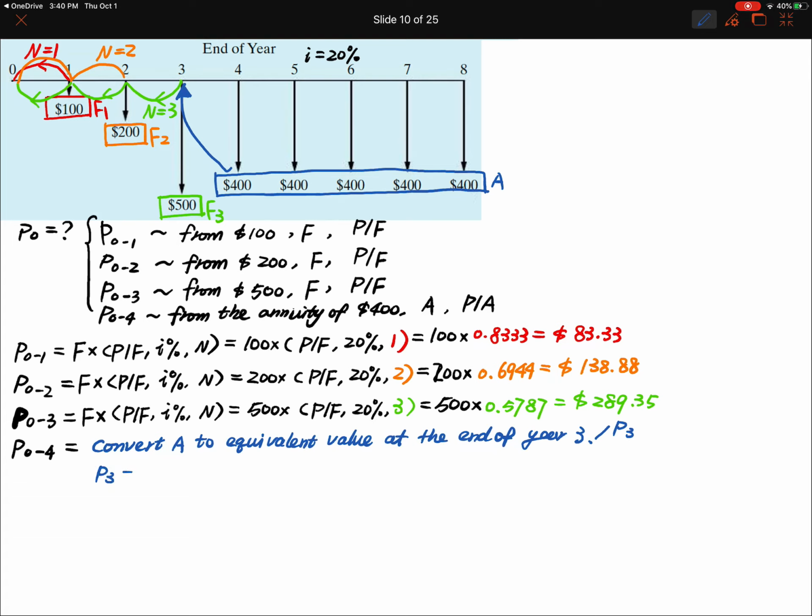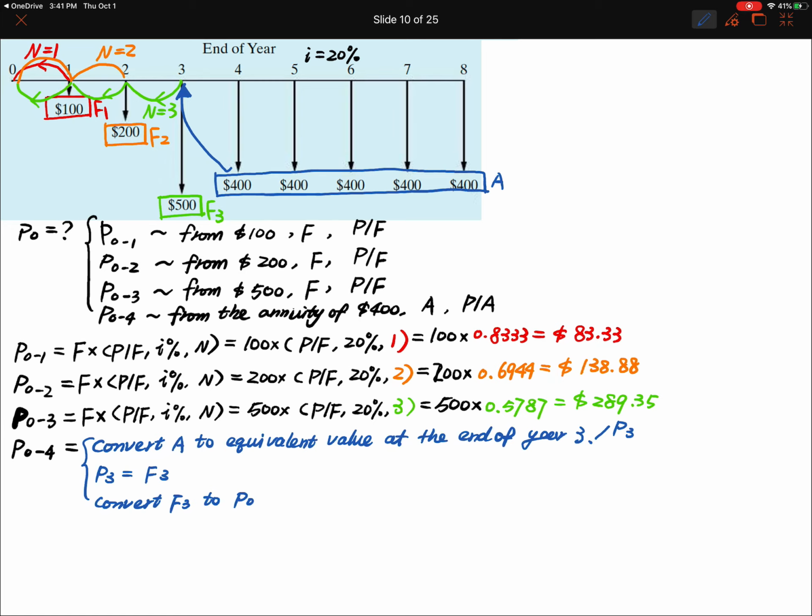And then you use P3 equals F3, because compared to year 0, P3 is actually going to be a value at a later time, so you can also label it as F3 compared to 0, right? And then you convert F3 to P0. So those are the 3 steps you want to calculate P0.